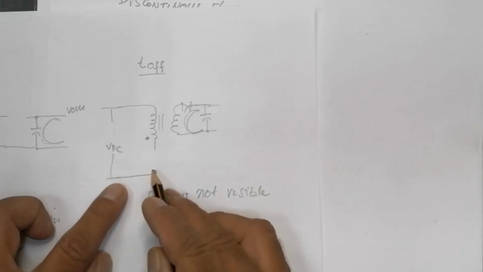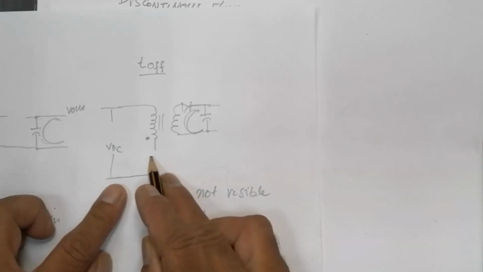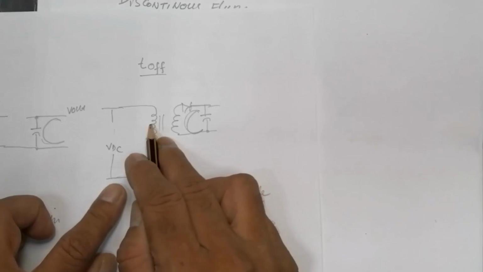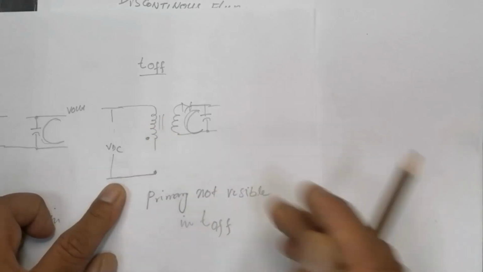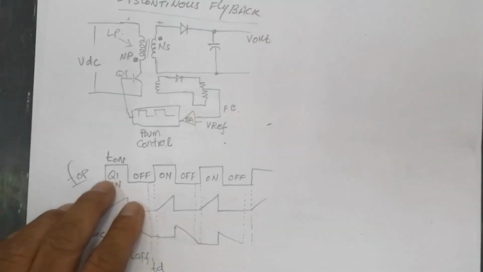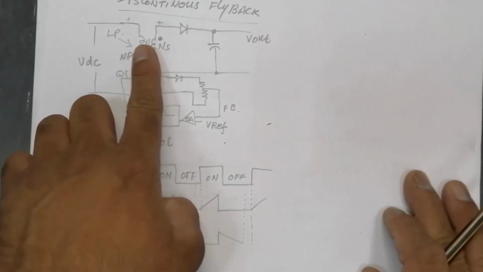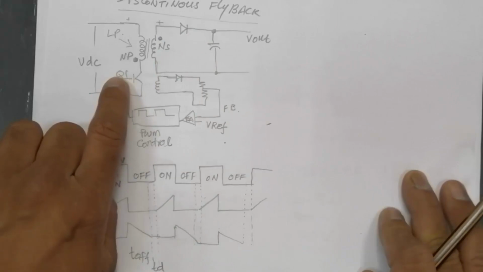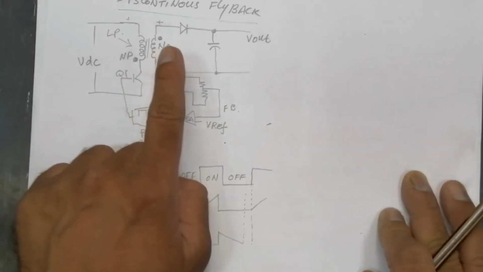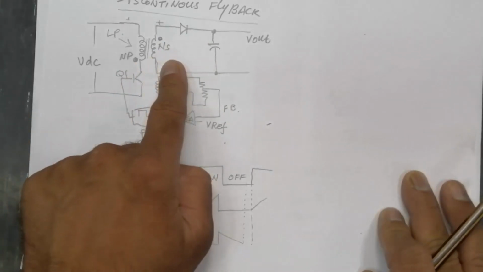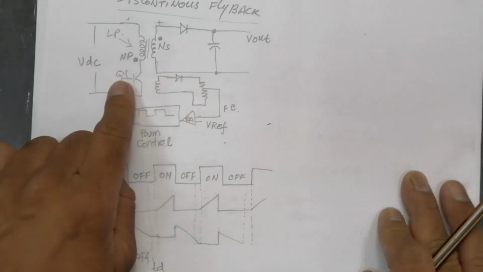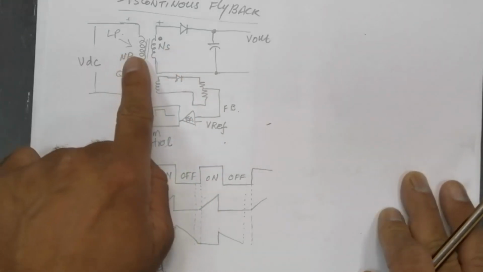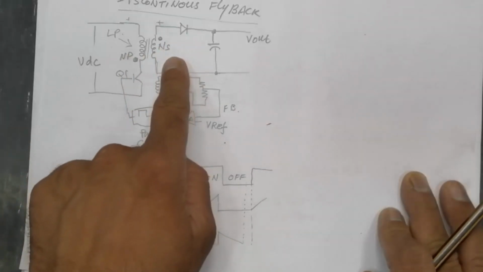So the magnetic field will collapse and induce voltage in the secondary. When Q1 was on, there was no induction in the secondary. When Q1 is off, the voltage will be induced in the secondary.